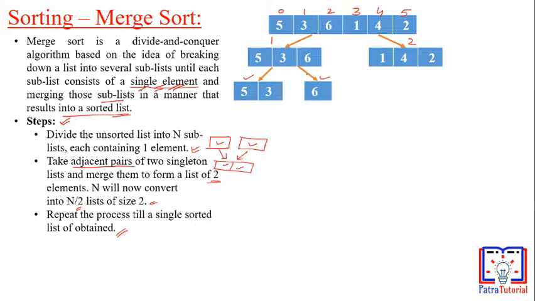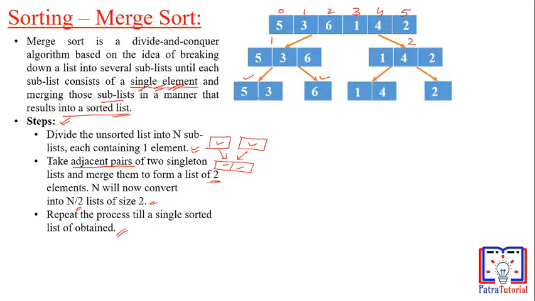Now this sublist has a single element, so I cannot divide it further, but I need to divide the other one again because it has two elements.